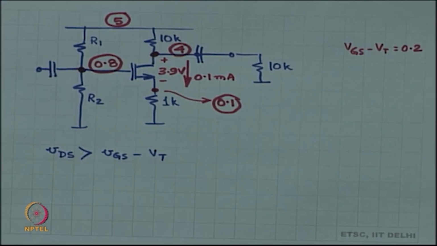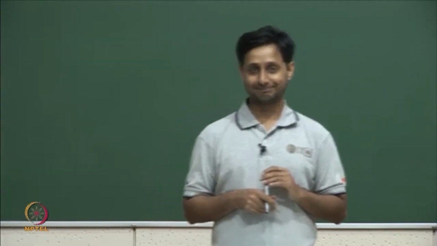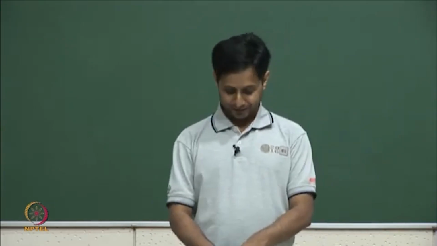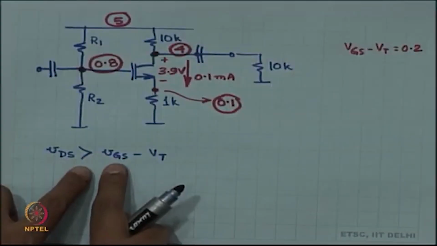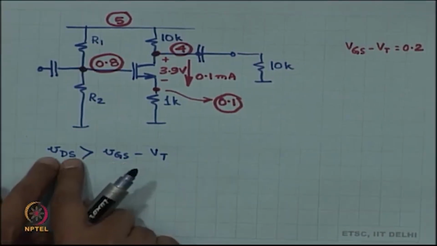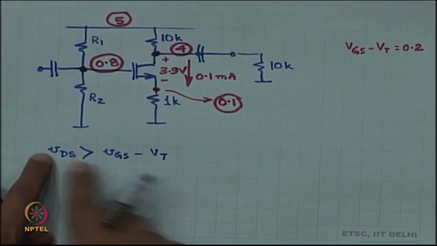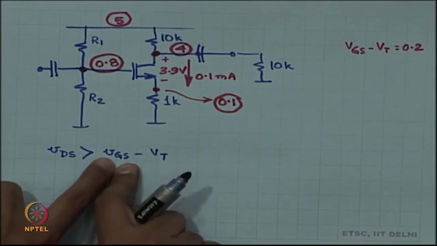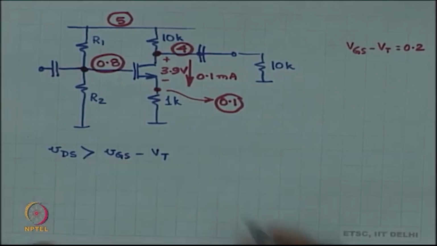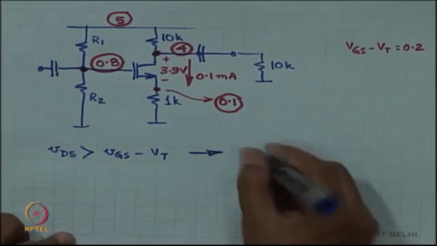Earlier we had the source as a static voltage, now the source is no longer static. But the cool thing over here is that the source voltage is going to cancel out. VDS is equal to VD minus VS, VGS is VG minus VS. So, the source voltage really does not matter, it cancels out.